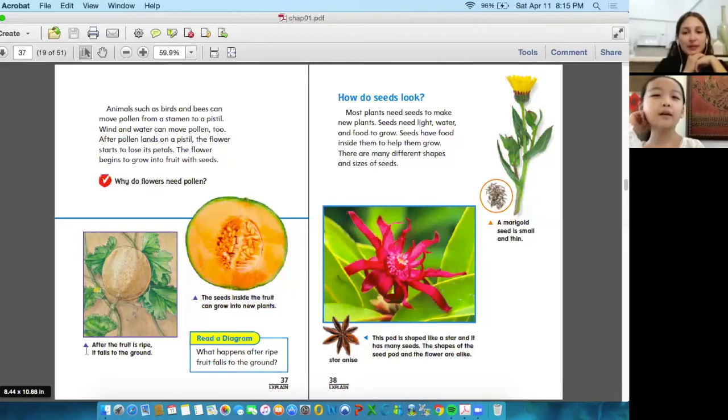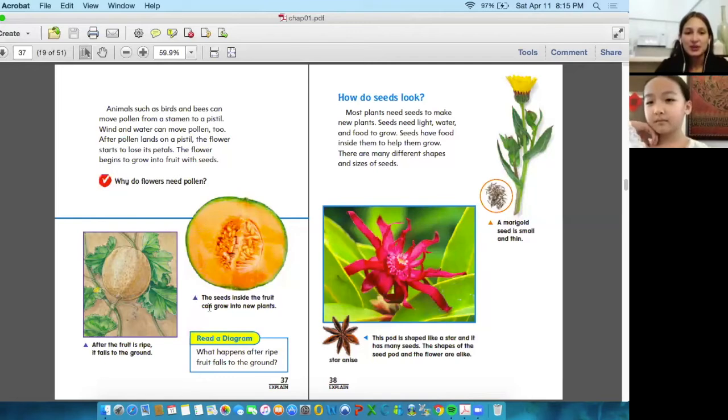Because the fruit is bigger and very heavy. I think the plants can't hold the fruit and it fell to the ground. Excellent thinking, Alita. Yes, very good.